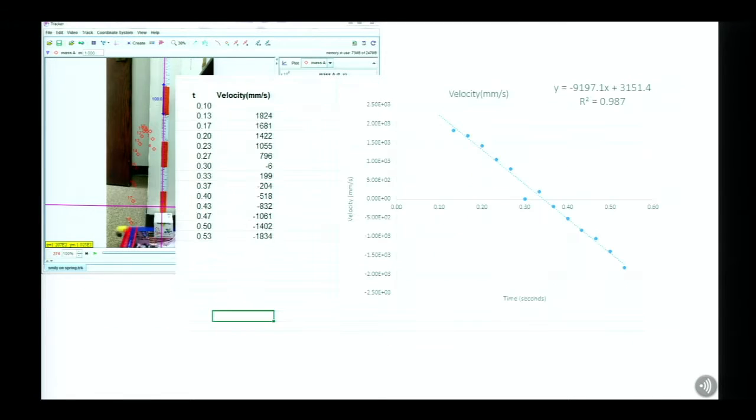If you want to look at it, I can plot velocity. This is if I do a free fall experiment. I plot velocity, and in this case I have my velocity equation: my initial velocity plus a t equals my final velocity. I've used the same data, plotted it, and it shows me that I get gravity at negative 9.2.